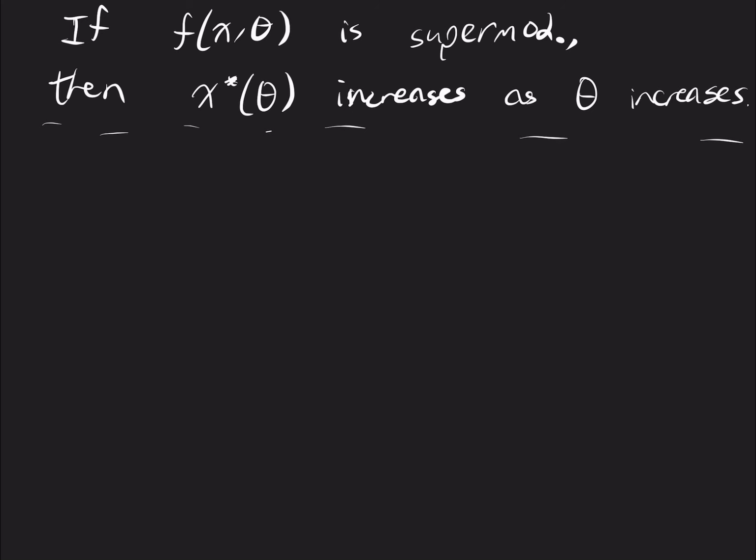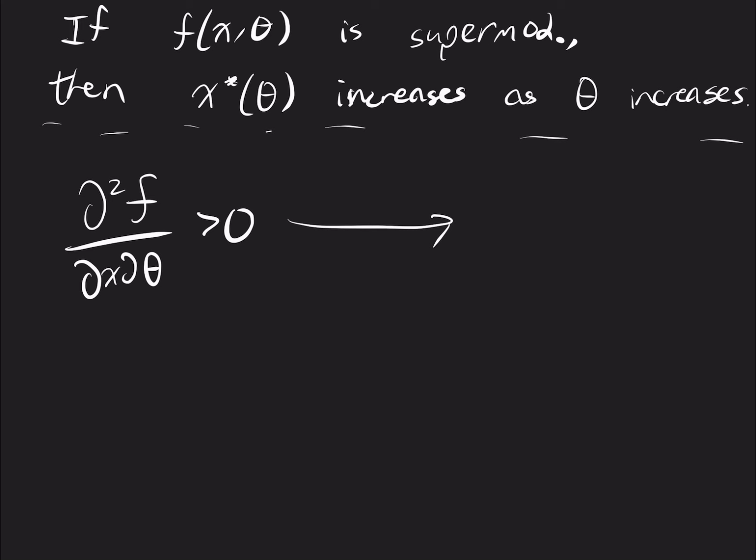So, the simpler way to prove supermodularity, if you can swing it, is to do this. If this is positive, supermodular. Sometimes that derivative might not exist. Sometimes it might be very annoying to compute. In that case, you would have to use the actual definition.